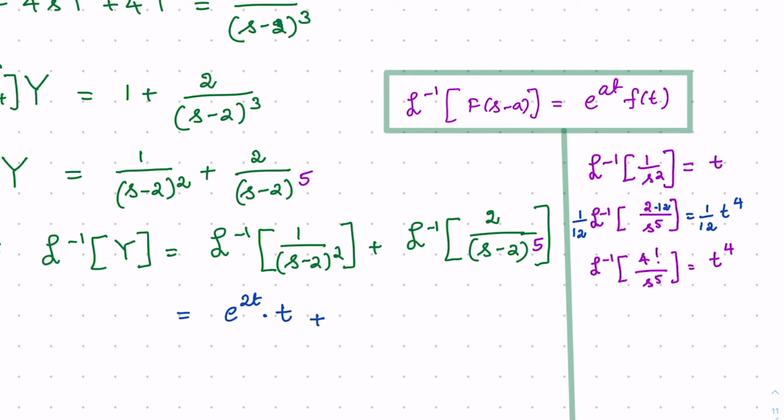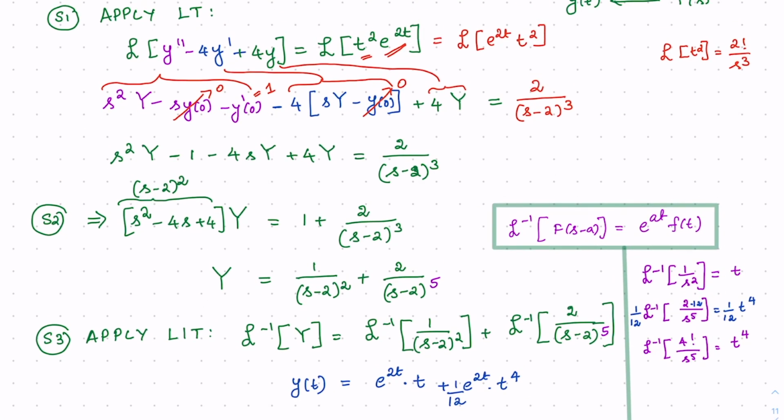Again, without the s minus 2, 2 over s to the 5 would be 1 over 12 t to the 4. Because of the s minus 2 in here, I'm going to multiply e to the 2t times 1 over 12 times t to the 4. I'm just rewriting certain things down here and there, but you get the idea. And that is the solution y of t for the given differential equation.